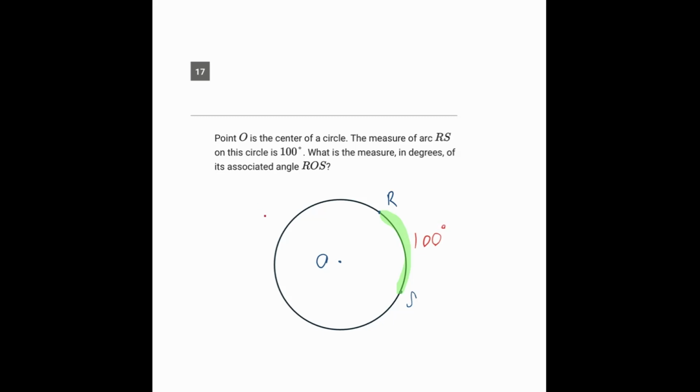Now the whole way around the circle is 360 degrees, so to say 100 degrees tells us what fraction of the circle we're dealing with. But what is the measure of angle ROS? That's our 1-to-1 ratio that we talked about a second ago. So if this is a 100-degree arc, then this is a 100-degree angle. And so our answer here is 100.